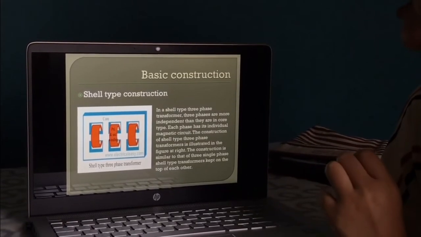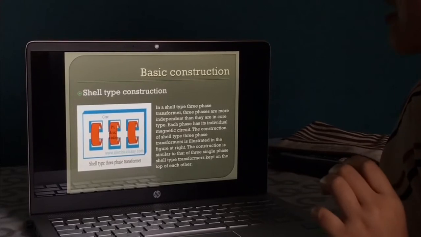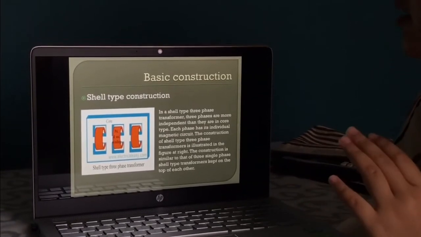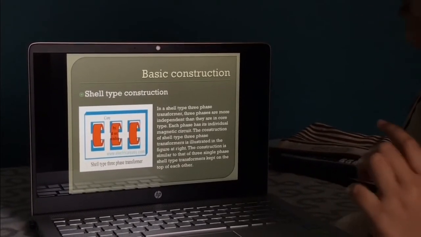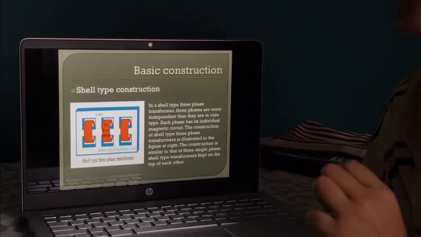The construction is similar to that of three single-phase shell type transformers kept on top of each other. It is similar to the core type transformer.